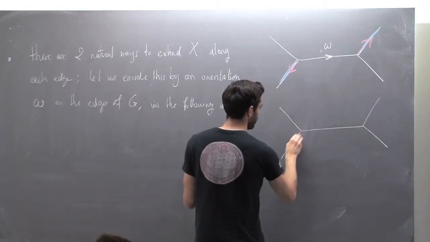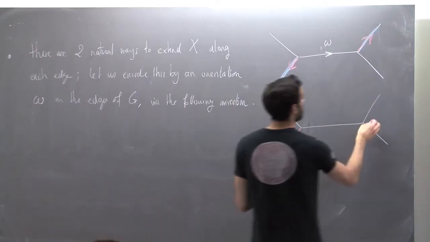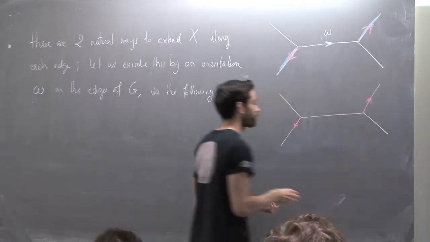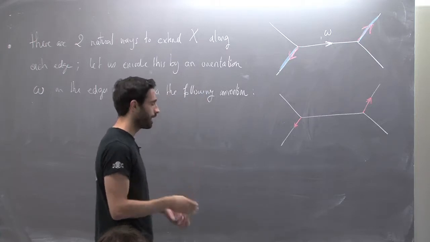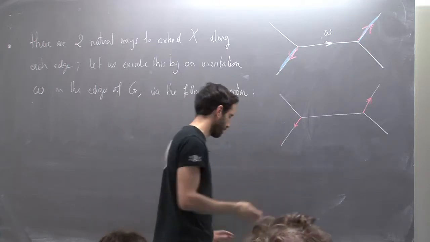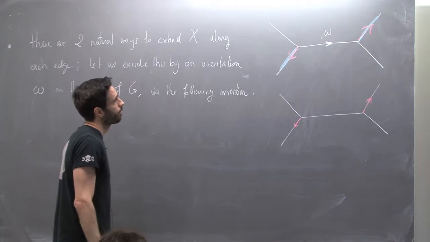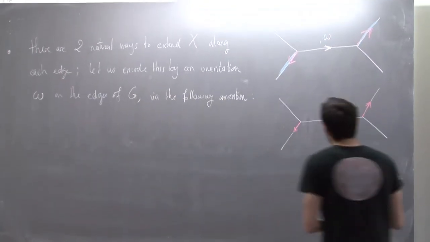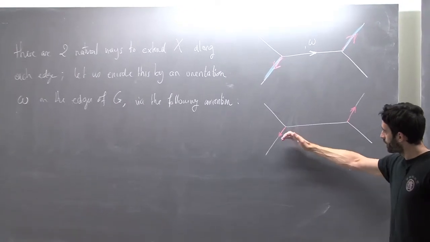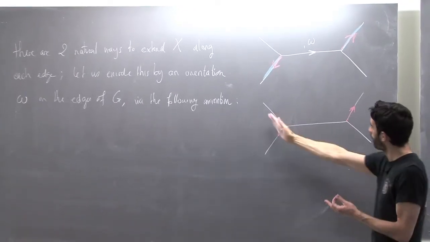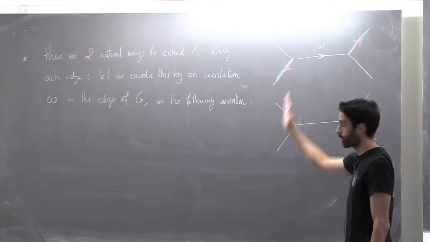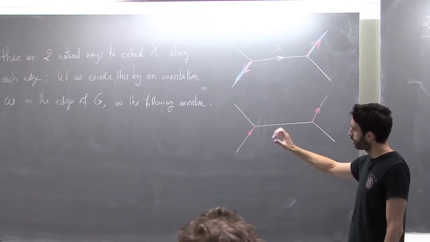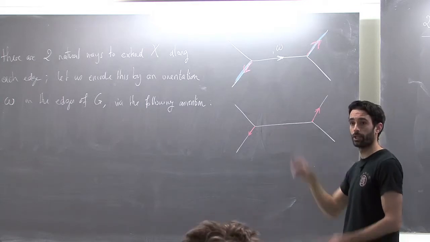We know that here it's like that, and here it's like this. What I will do might seem a little bit complicated, but there are some subtleties that make it necessary, I believe, to construct it this way. First, I start at the beginning of the orientation and I move like that. First, I will turn counterclockwise until I face in the direction of the edge.